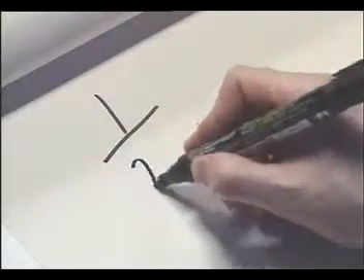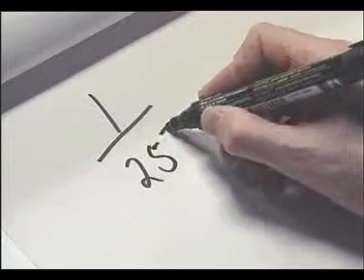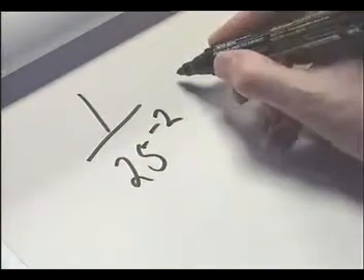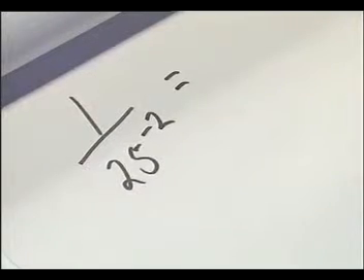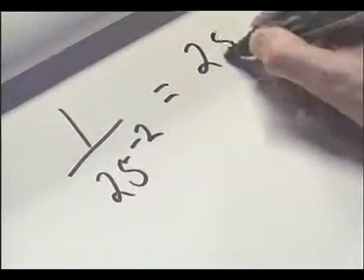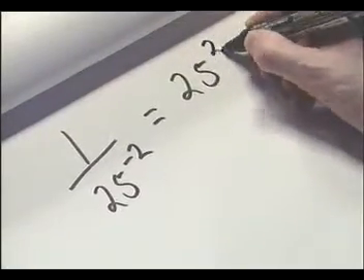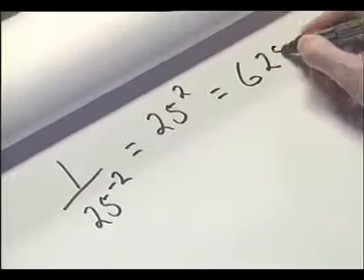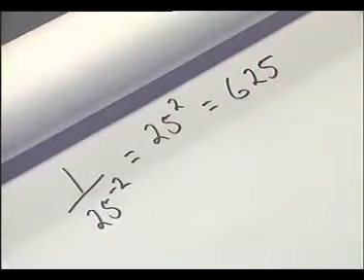We take 1/25 to the minus 2. Well, remember we saw what happened with the 1/7 to the minus 2. This became 25 squared, and that is simply 625.